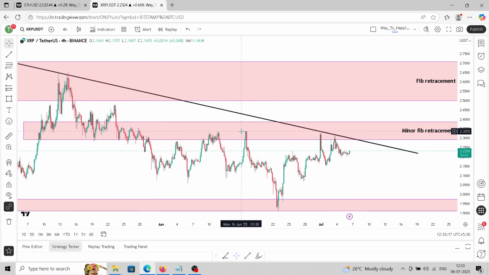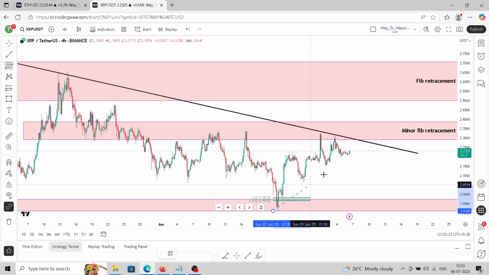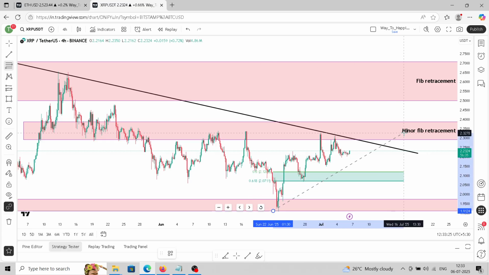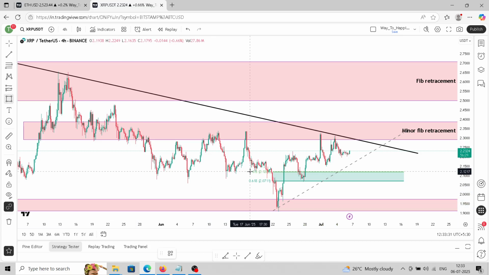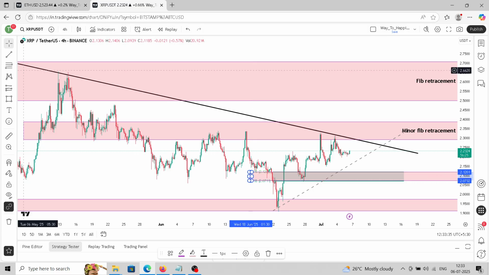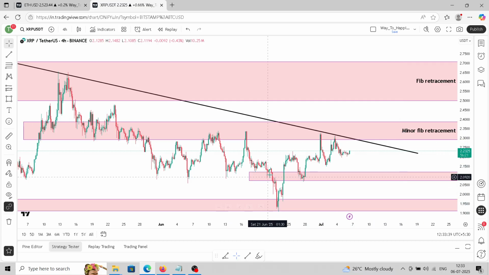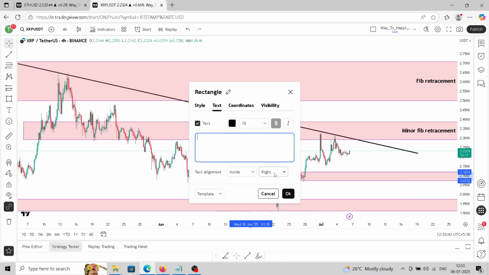Yes. From the minor fib, it took a rejection and came down. Okay. Now, if I put another fib here and go till here, so this is where my prices are. Okay. And I delete this. This is nothing but another minor fib.